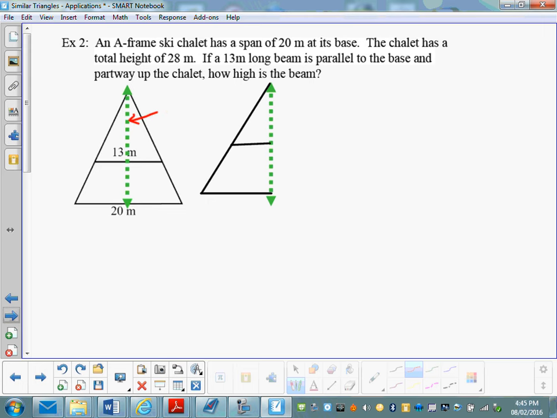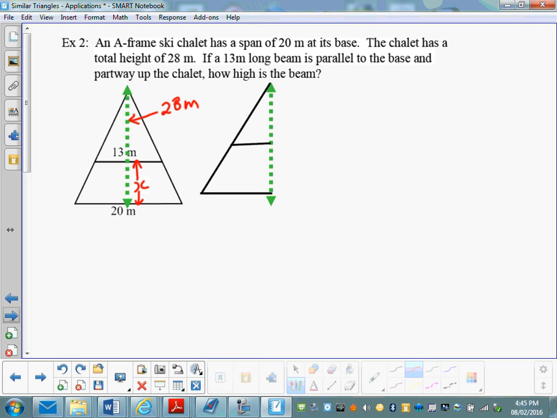We know that the height of the chalet is 28. We want to try and find the height that that beam is, the 13-meter beam.